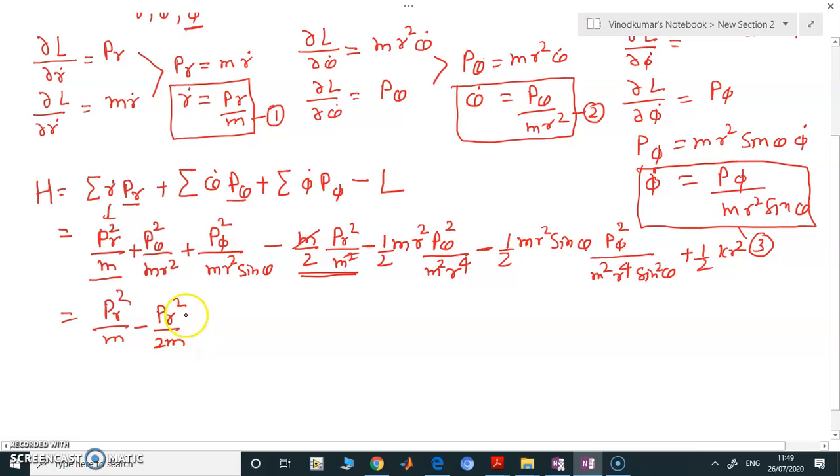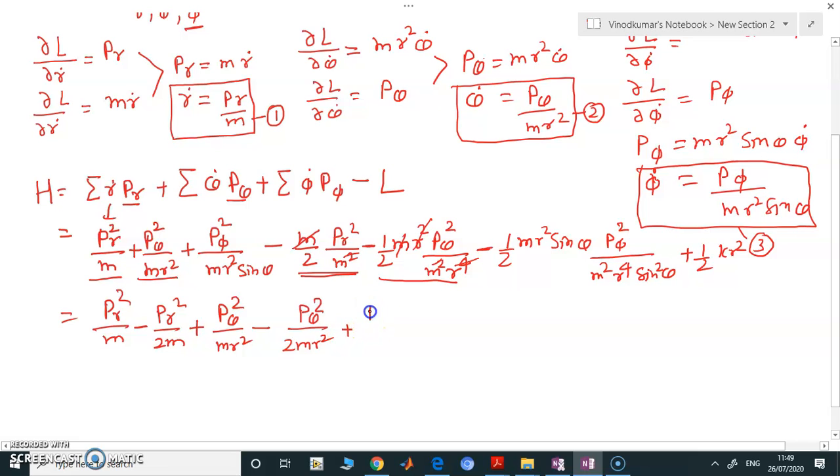Now the second term is p theta square by m r square, and this is comparable with this one, so m will be cancelled with m, r square will be cancelled with r to the power 4, so the left out thing here is minus p theta square upon 2m r square.